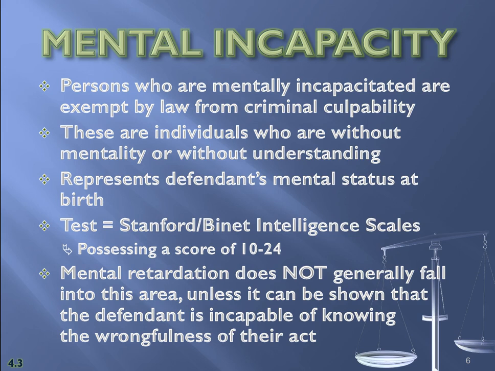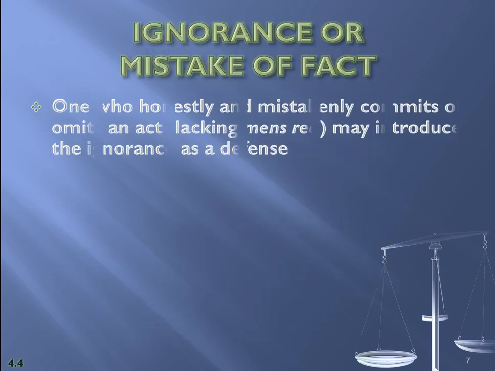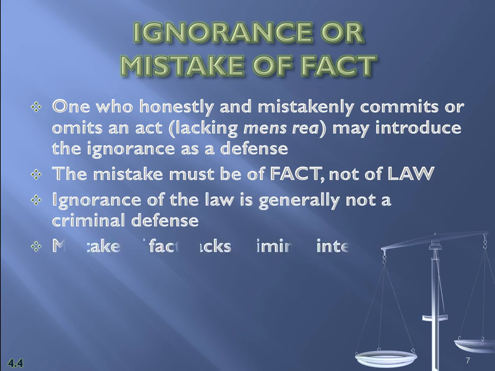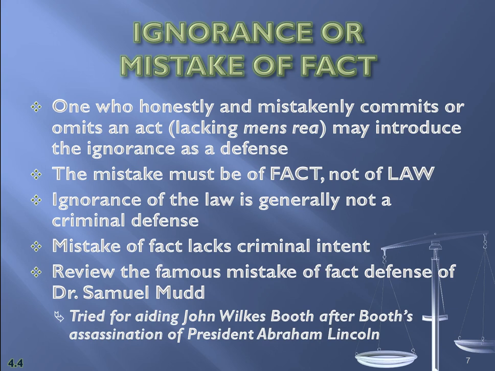And finally, mental retardation does not generally fall into this area unless it can be shown that the defendant is incapable of knowing the wrongfulness of their acts. And if you're following in your textbook, these are all kind of categorized, subcategorized off, and it's an easy way for you to kind of reference them as we go through.